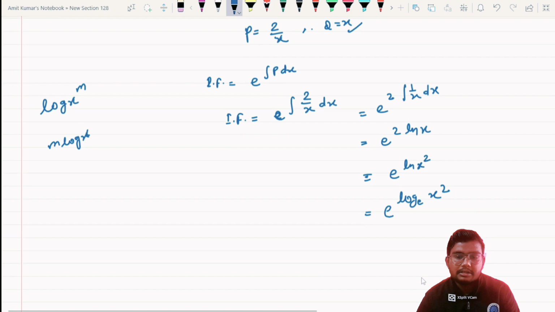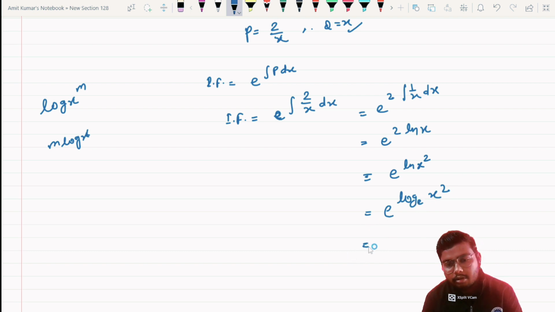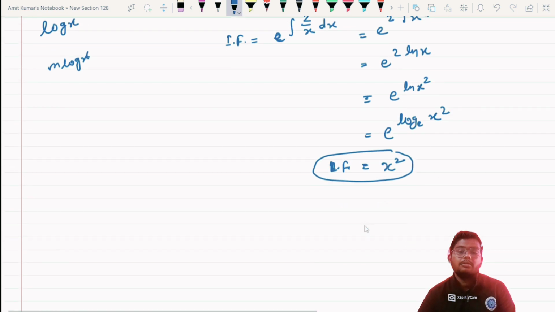The base is equal to the base of the exponent, so we just remove the log and write x square. This is one log property. So this will be our integrating factor.